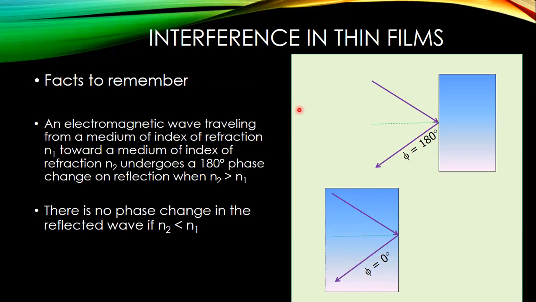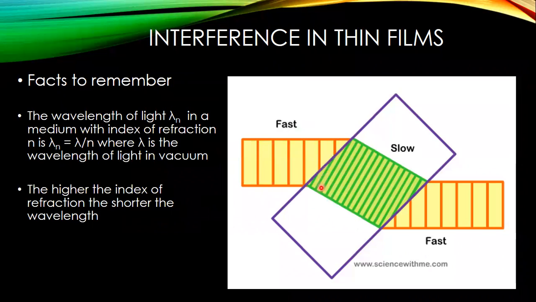The next thing we have to take into account is that going to a higher index material will result in a smaller wavelength. So when we're looking at interference conditions, we are not looking at the wavelength of light in air. For instance, green light is around 500 nanometers. If we were to go to another medium, such as a medium with an index of 2, it would have half the wavelength.